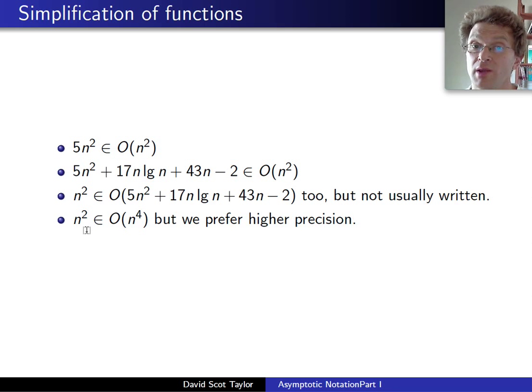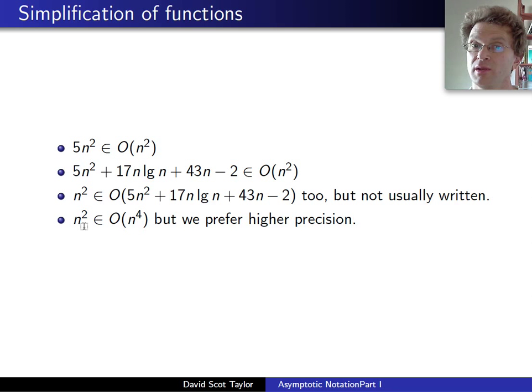You can also write things like n squared is in the set big O n fourth, right? It's a function which grows no faster than n to the fourth, but I prefer to have this big O function be smaller. Big O of n to the fourth is a set which is a superset of big O n squared.